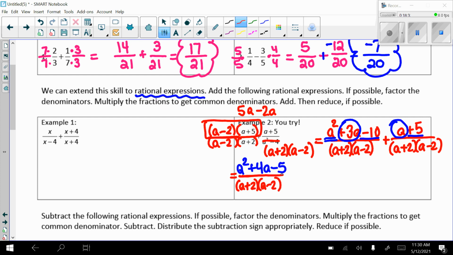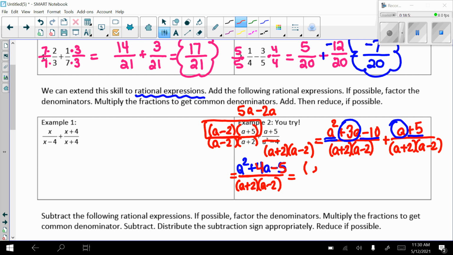But of course, now that we have a trinomial, now we have to see if we can factor. So are there two numbers that multiply to equal negative 5 that will add up to 4? And there are. Positive 5, negative 1.